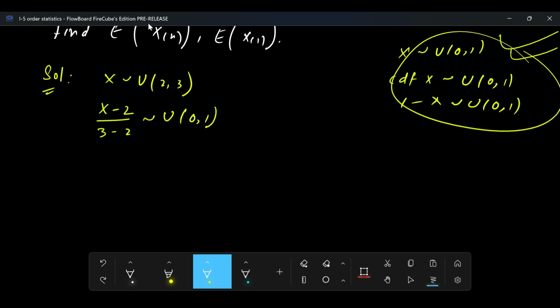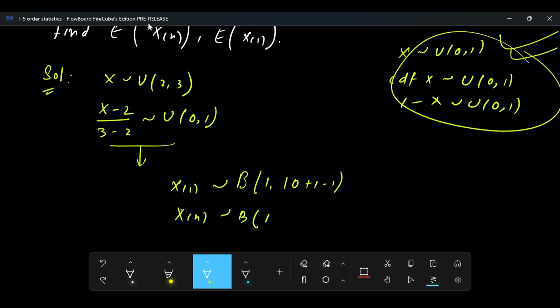So this is x minus 2, or simply x1 will follow beta(1, n), that is beta(1, 10), and xn will follow beta(10, 1), that is n minus n plus 1.